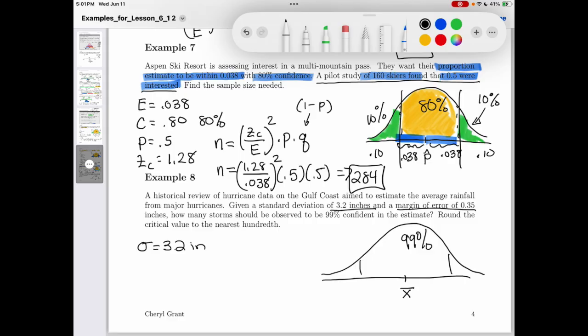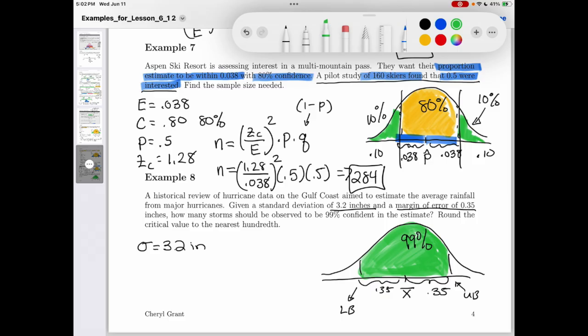So we want to come out 0.35 to get our upper bound, and 0.35 to get our lower bound for the confidence interval. So here's our confidence interval. Here's the area under the curve. It doesn't look very symmetric because I don't have the best drawing skills, but I'm sure you can visualize this.